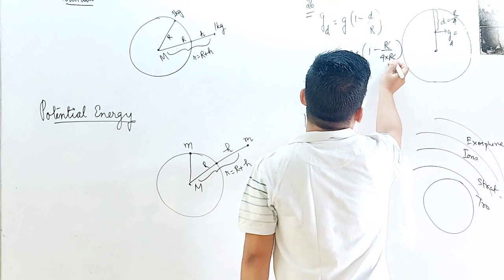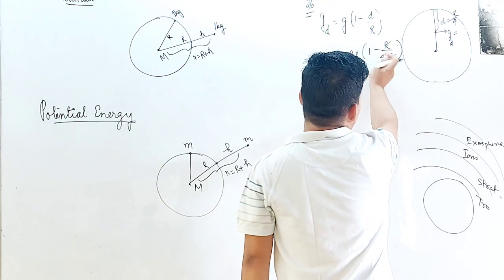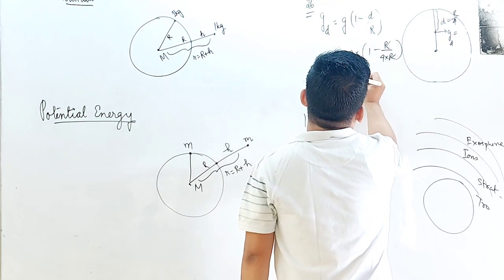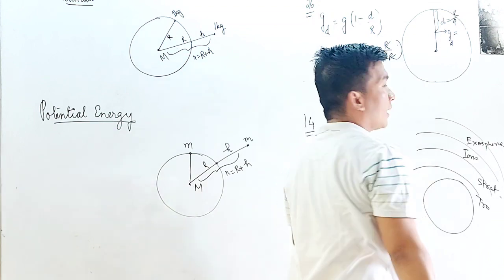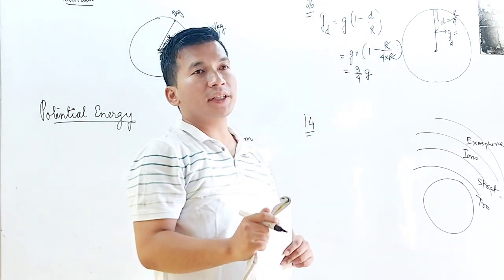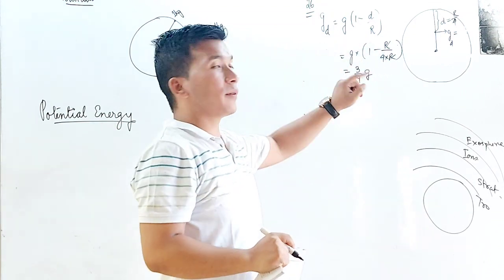We get 4 minus 1, which is 3/4. Acceleration due to gravity at this depth will be 3/4 G.